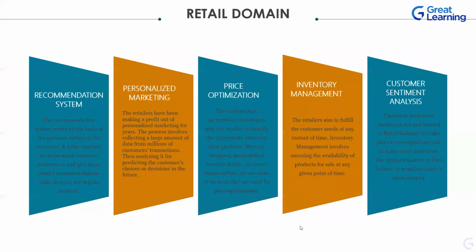This session, or the series that we had, the industry session, was on retail marketing. What we covered last time is the top-notch case studies in retail marketing, and a few of them are listed on the screen: recommendation system, personalized marketing, price optimization, inventory management, and customer sentiment analysis.